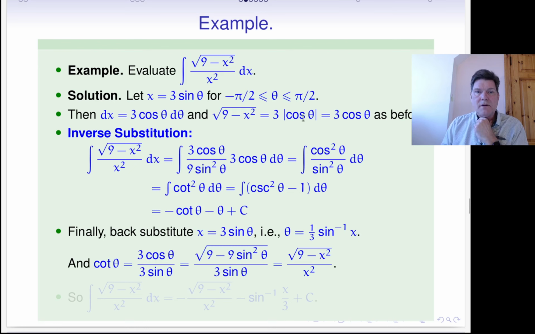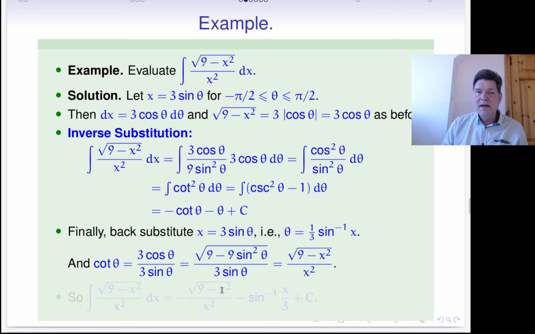And then working this trigonometric trick here backwards, we can express cosine theta in terms of sine theta, or rather 3 cosine theta in terms of 3 sine theta, by writing this as the square root of 9 minus 9 sine squared theta. And now replacing 3 sine thetas by x, this becomes the square root of 9 minus x squared over x squared.